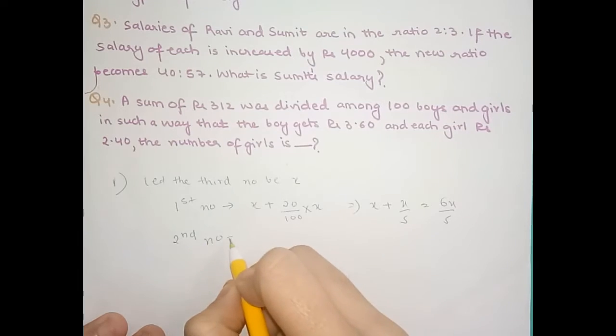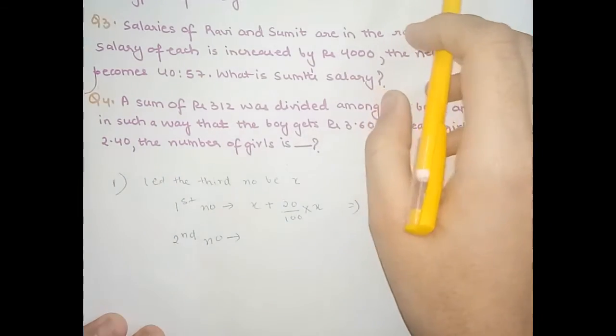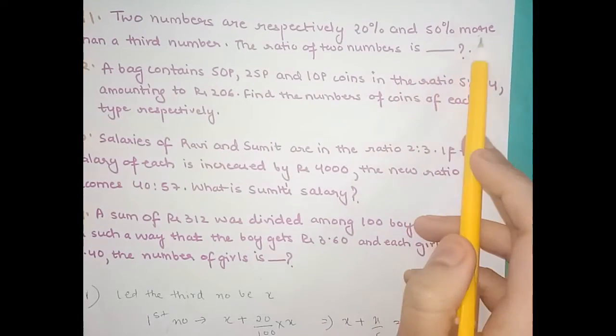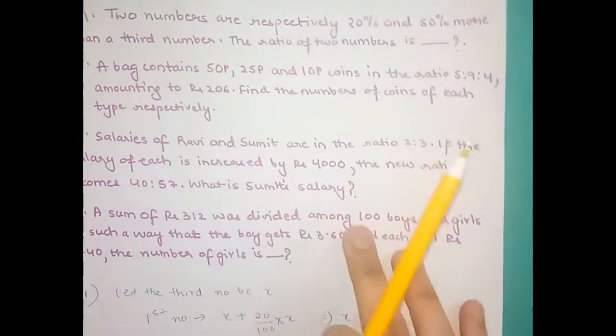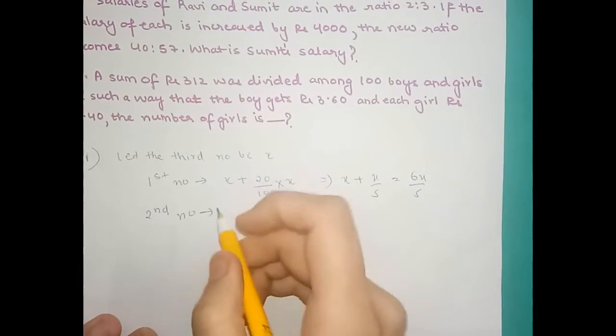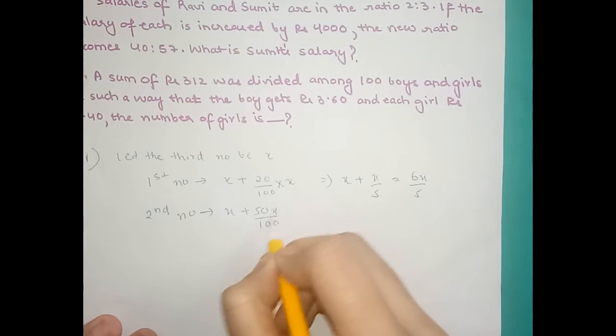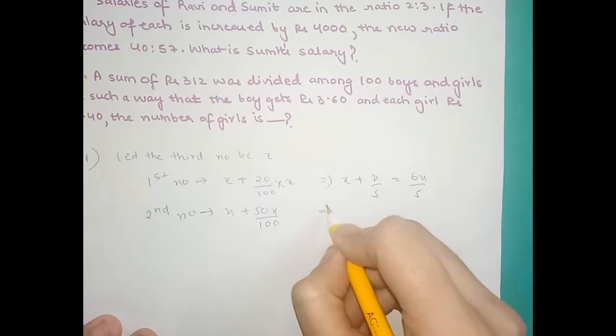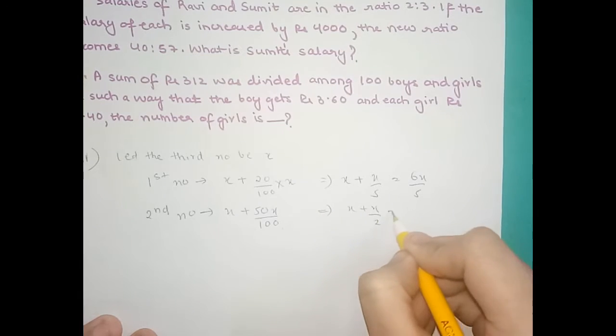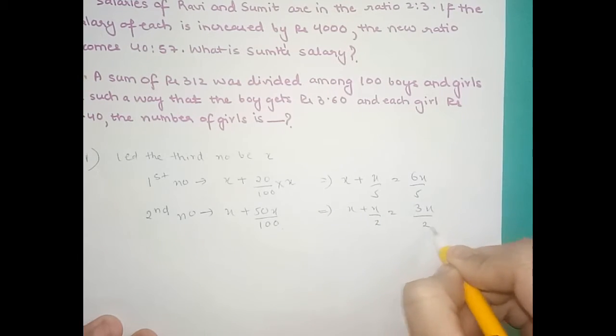The second number will be what? It is 50% more than the third number. So the second number will be x plus 50x by 100, which is 50% more than x, that is x plus x by 2, which is equal to 3x by 2.